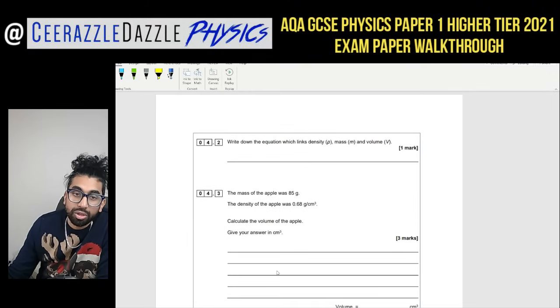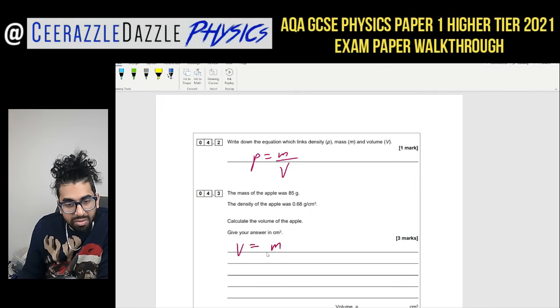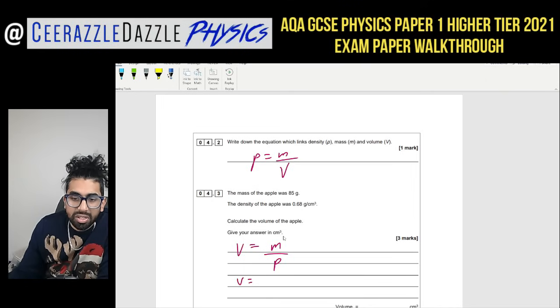Okay, next one, 4.2. Write down the equation which relates density, mass and volume. So density is equal to mass divided by volume. Calculate the volume of the apple. Volume is equal to mass divided by the density. Moving that up, moving that down over here. So therefore, volume is equal to the mass, 85 grams.